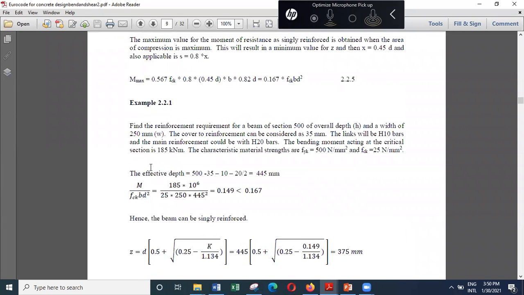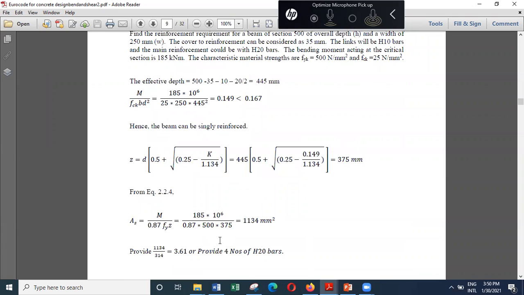So straight away you can find the reinforcement requirement, and the reinforcement requirement is given by M over 0.87 fy times Z, and you'll find that the reinforcement requirement is 1134 millimeter squared.